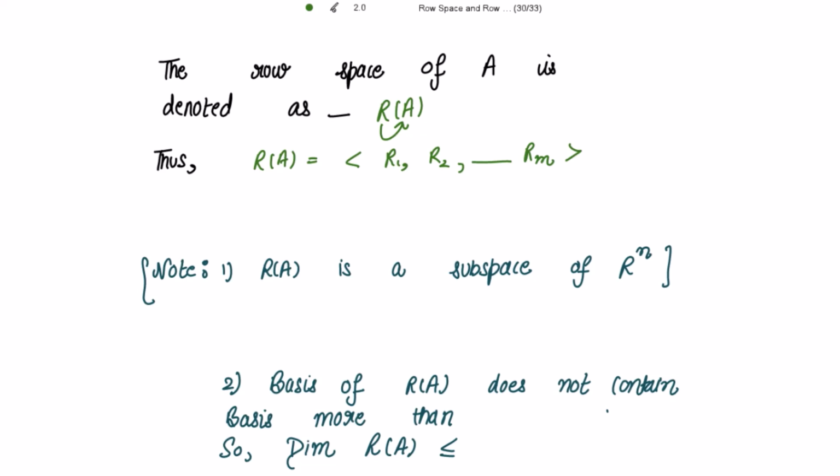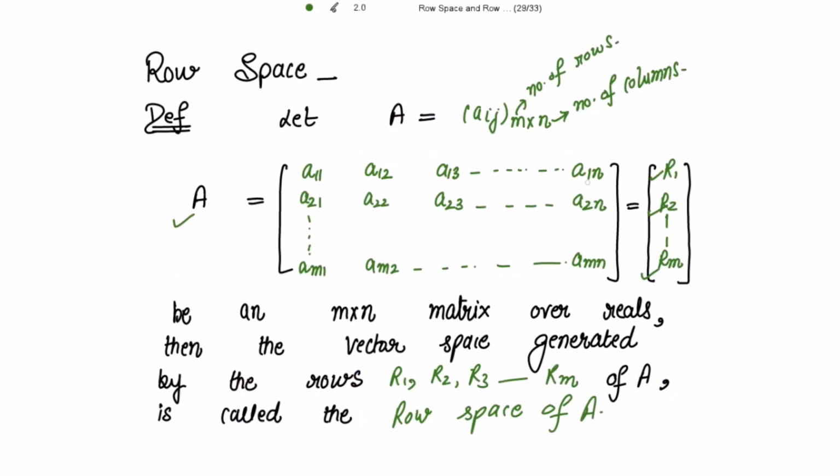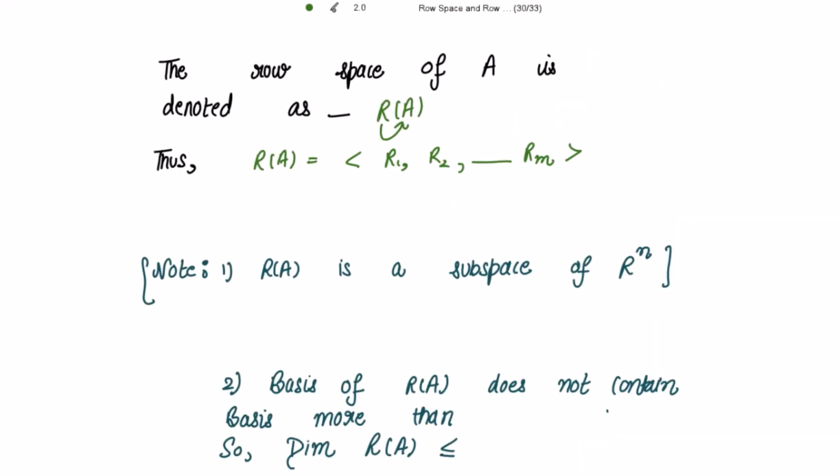Why? Because the number of elements present in each row is n. So R(A), the row space of A, is a subspace of the n-dimensional space over reals, right? And the basis of R(A) does not contain more than m vectors. Why?